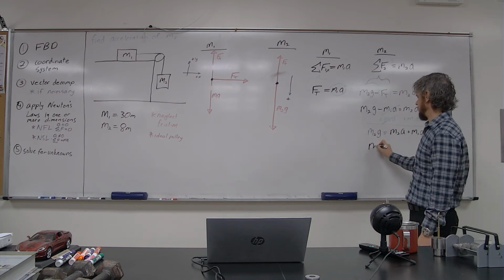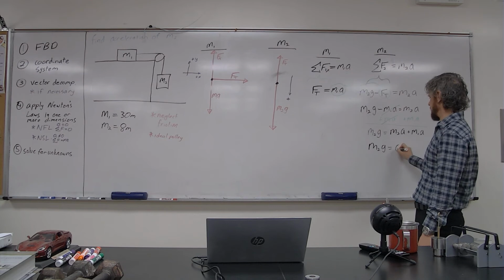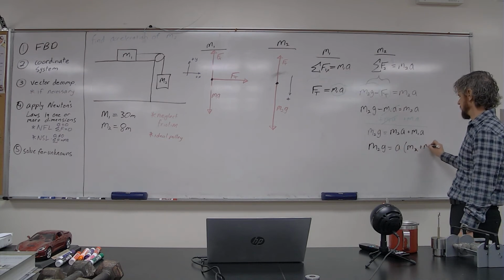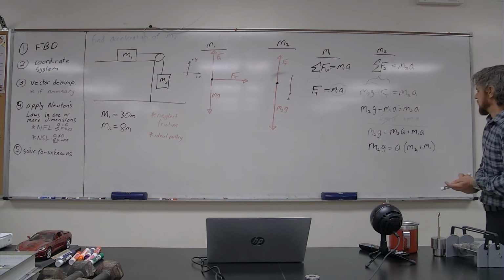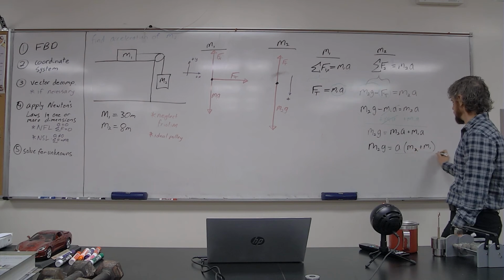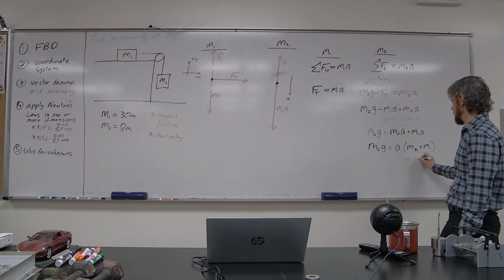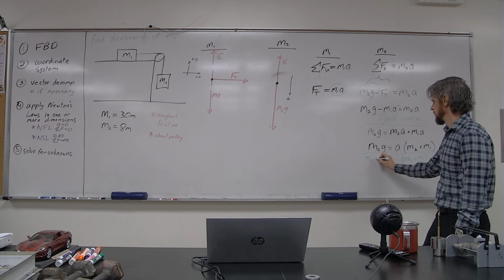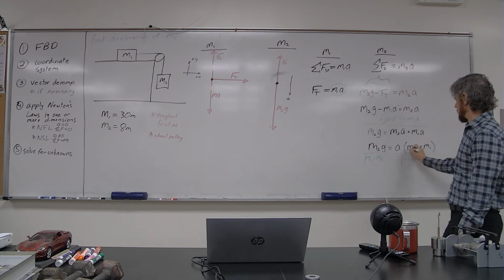So when I factor an A out of both of those terms, I get the acceleration is equal to just the sum of the two masses. And then to solve for the acceleration, I just divide both sides by M2 plus M1. That cancels on this side.